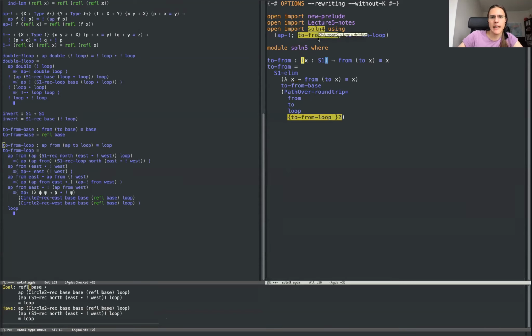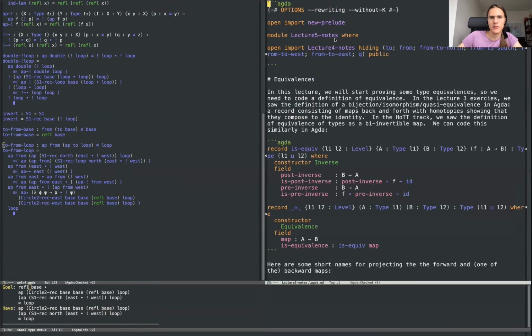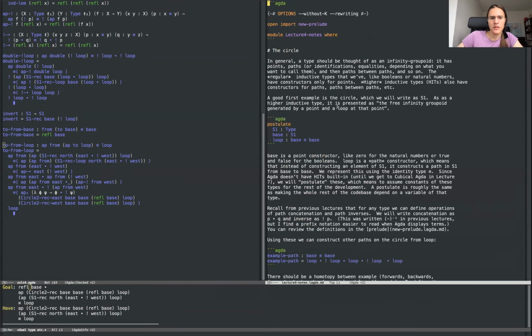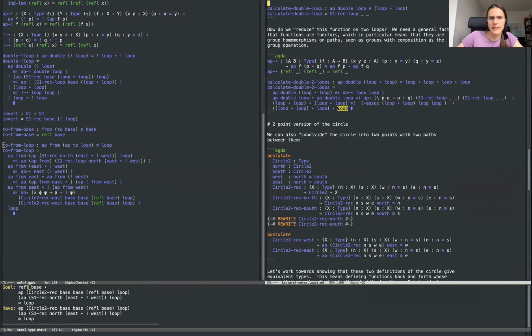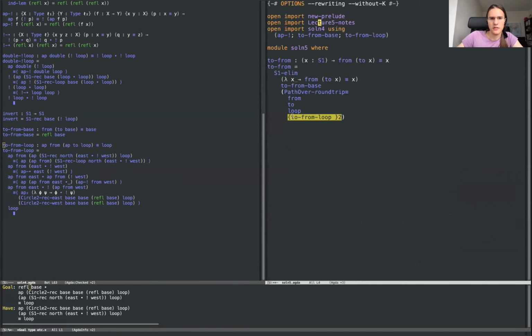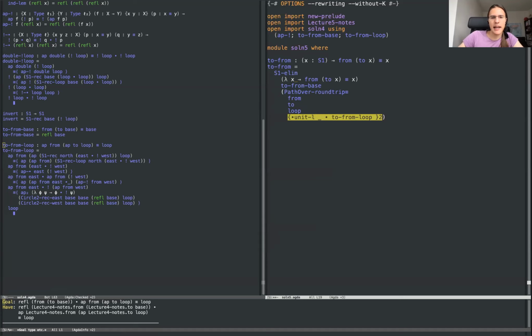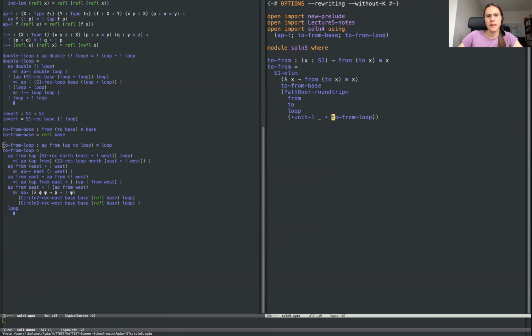So now I'm just going to look at the lecture 4 notes and look at what my path algebra lemmas are. And one of them is dot units L. I concatenate it with that, and I get the equality that I want. So working with dependent eliminators is sometimes annoying, especially when you have these path over types.